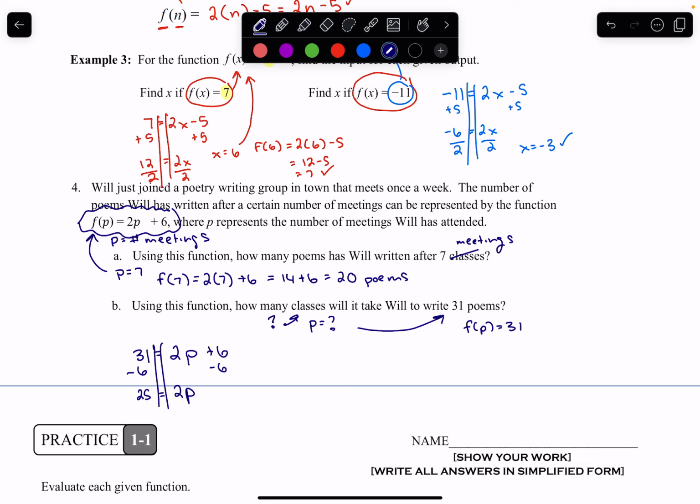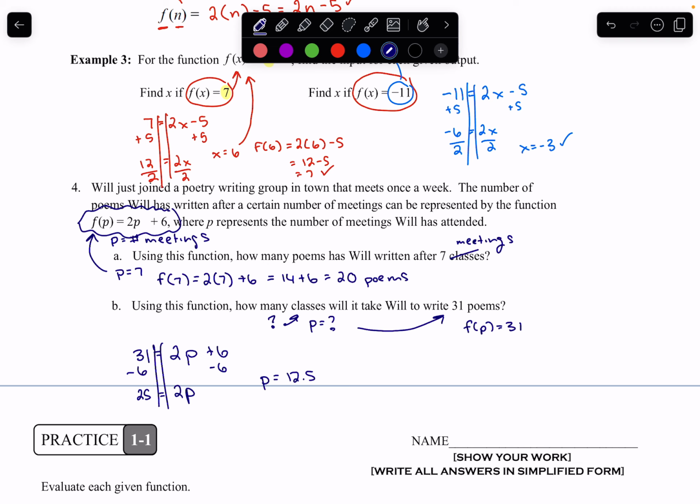If I divide by 2, did I write my function correctly? Yeah, okay. So if I divide by 2, I end up with P equals 12.5. So what that means is I need a little bit more than 12 classes to write 31 poems. So I don't want my answer to be 12.5.